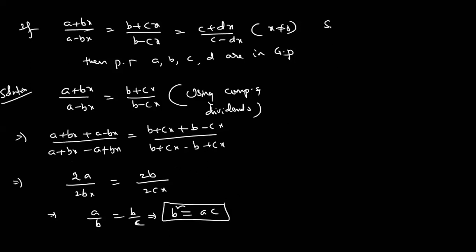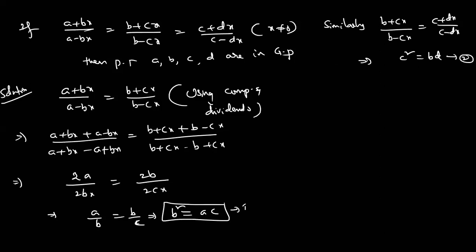Similarly, what you can get? (b + cx)/(b - cx) equals (c + dx)/(c - dx). So how much is it, anyone? Can you guess? c square is equal to bd. So this is a 2, this is a 1.